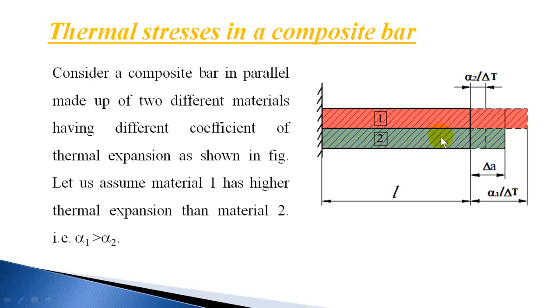Now both will expand, but there will be a compromise between these values. Since material 1 is trying to expand more than material 2, material 1 will pull material 2 beyond its natural expansion, which is only alpha 2 L delta T. So material 1 will be pulling material 2 along with it, because it is expanding more.